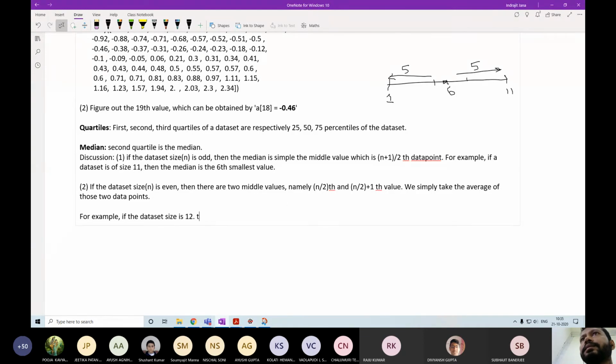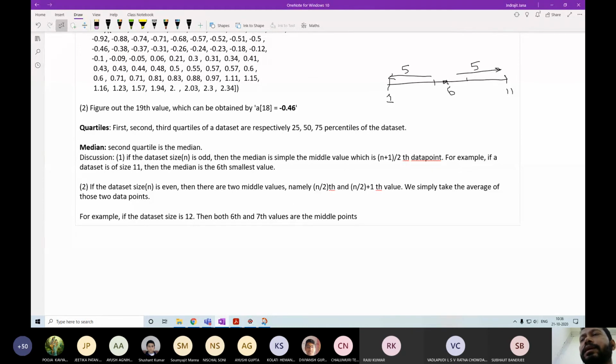Then the middle points are 6th and 7th values.